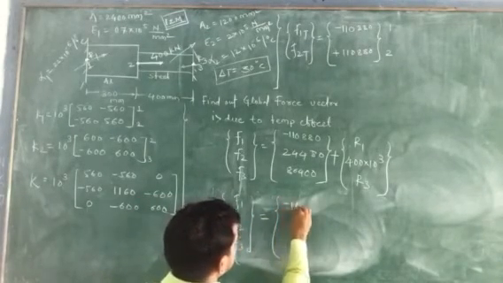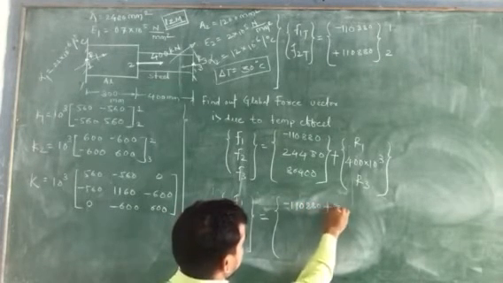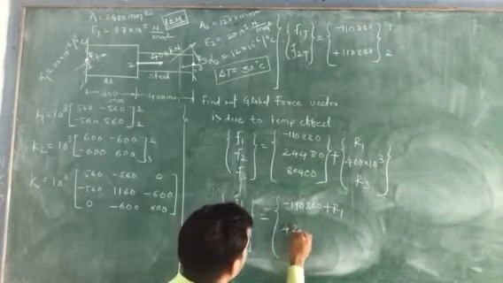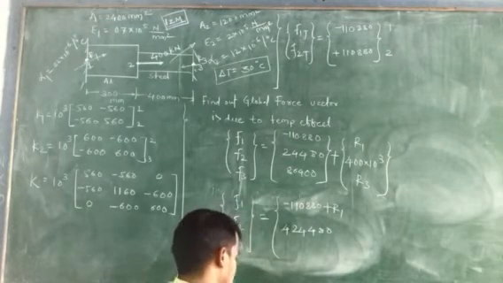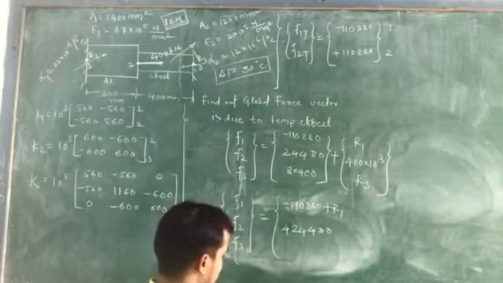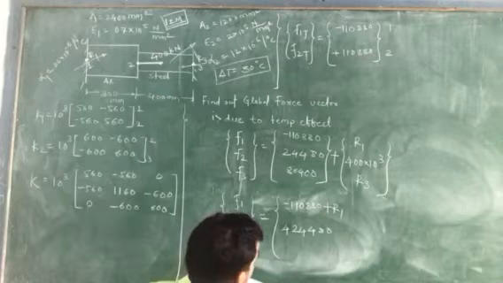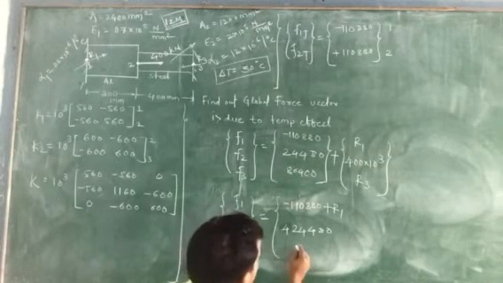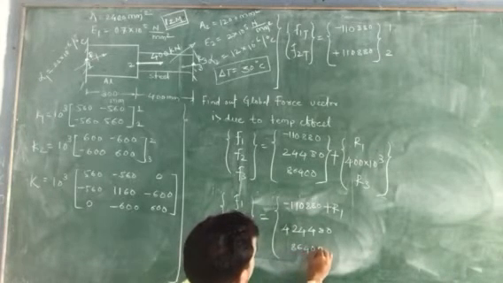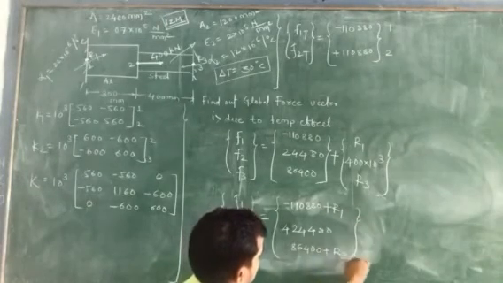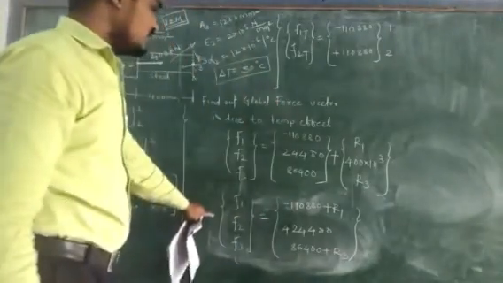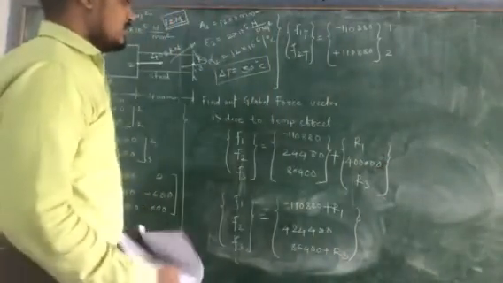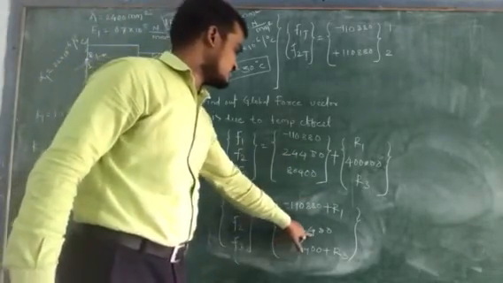This will become minus 110880 plus R1. Now addition of this 24,480 with 400 into 10 raised to the power 3, which is 4 lakh, will become 4,24,480, and the last one is 86400 plus R3.